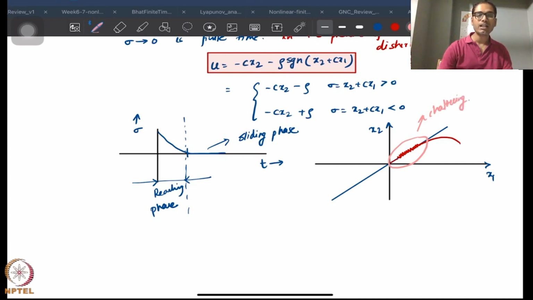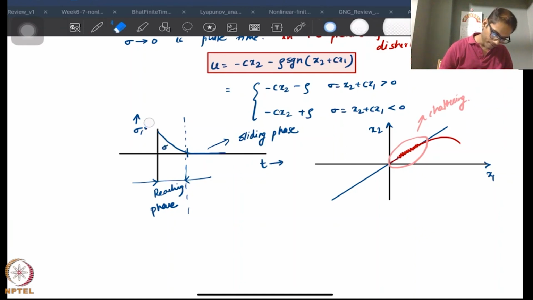And in fact the control also, in the same sort of timeline, if I put the control as well, this is the sigma and also the control here.